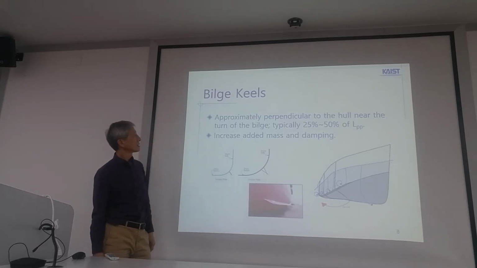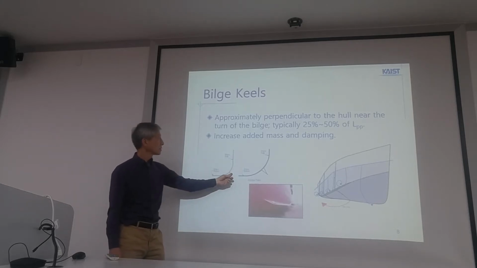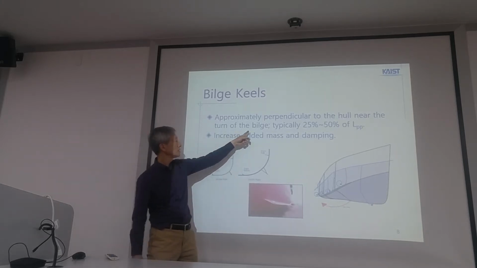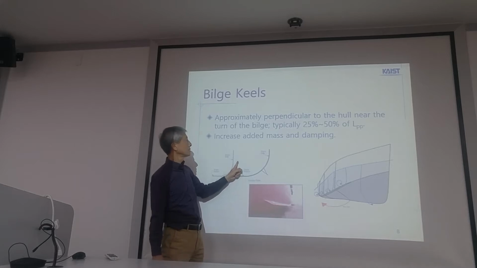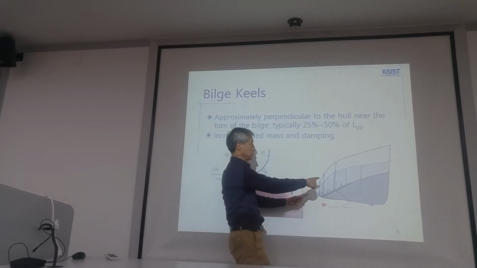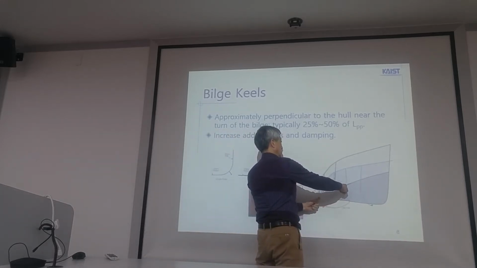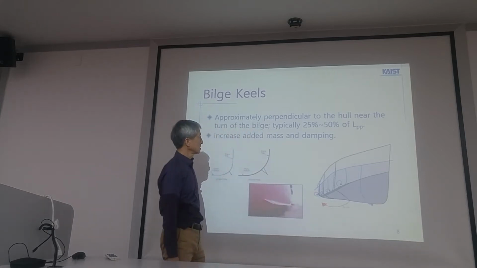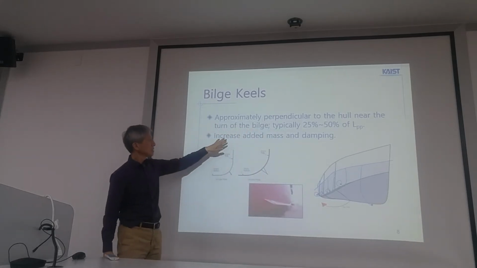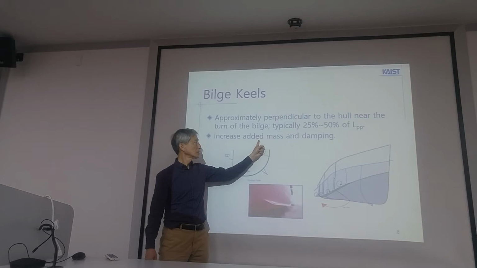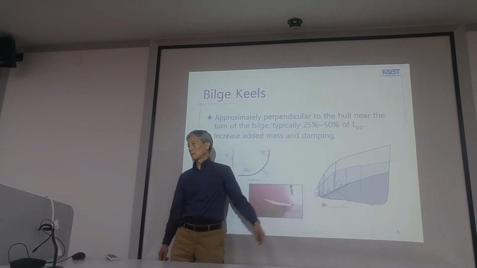Right? It is approximately perpendicular to the hull, near the turn of the bilge. Typically, the lengthwise extent is 30% of the length. So added mass again, and damping, right?